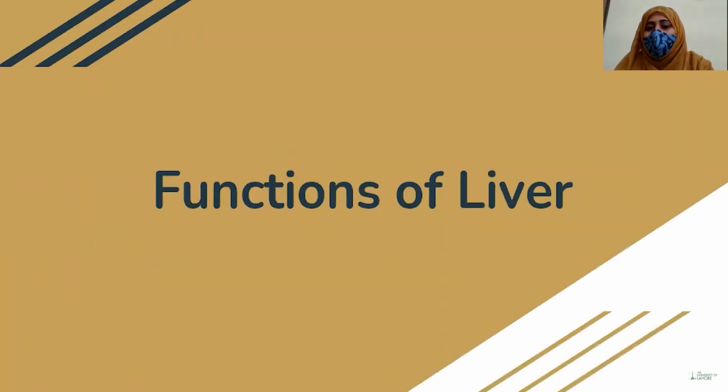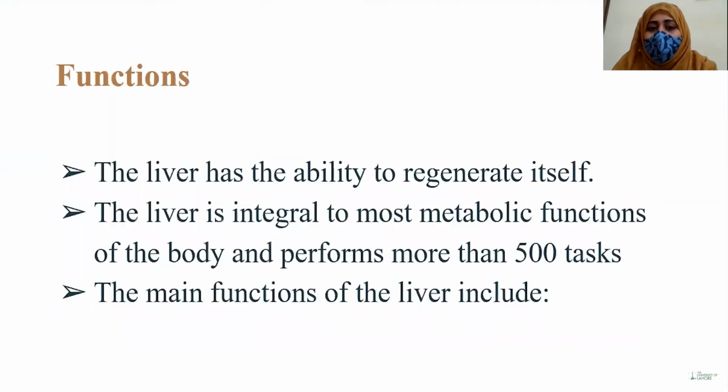Next, we will discuss the function of the liver. The liver has the ability to regenerate itself. That's why many people donate half of their liver. The liver is integral to most metabolic functions of the body and performs more than 500 tasks.